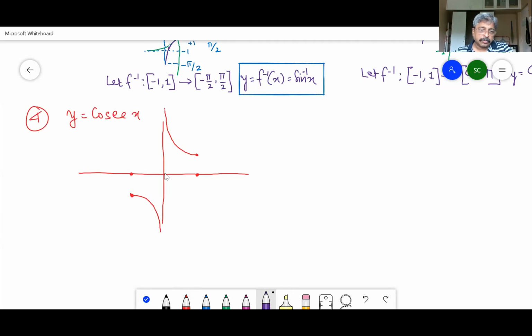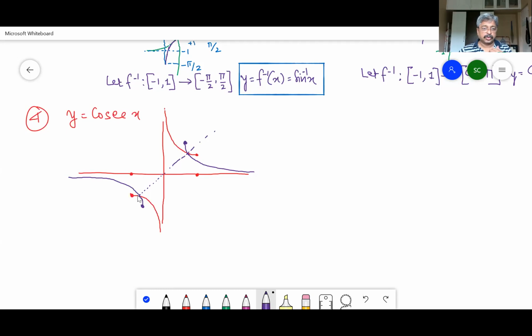Draw the y is equal to x line. It will pass through like this. And therefore, your cosec inverse will be a dark circle passing through this point and be asymptotic with the x-axis. This is the y is equal to x 45-degree line, dark circle, go there and become asymptotic with respect to the x-axis.